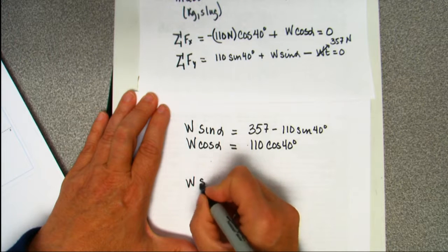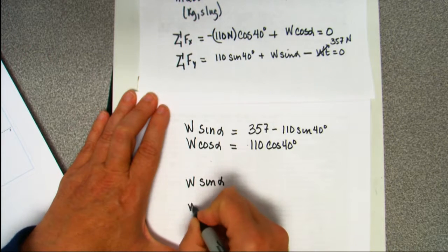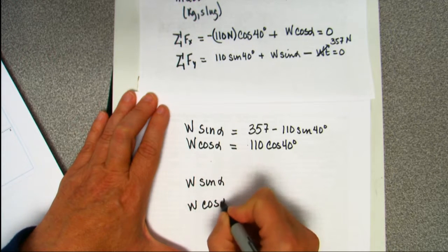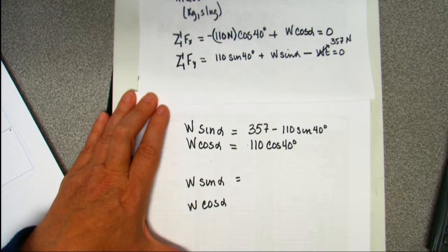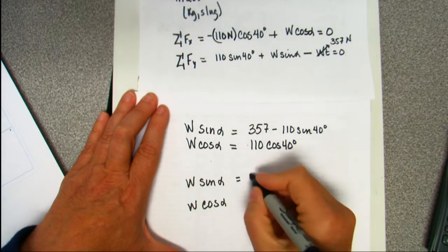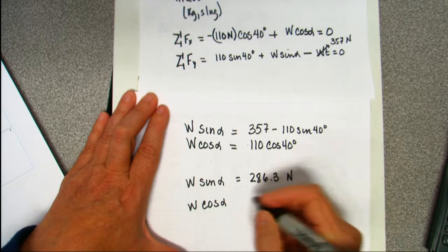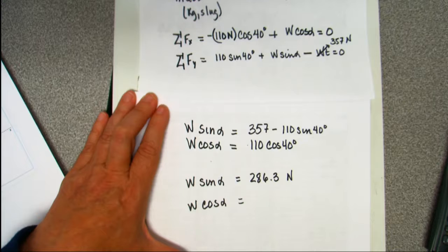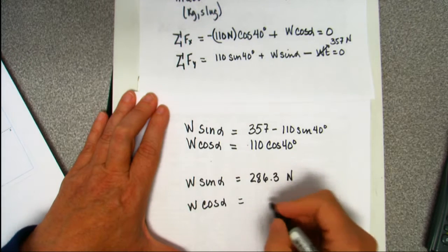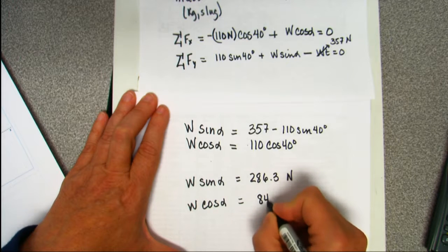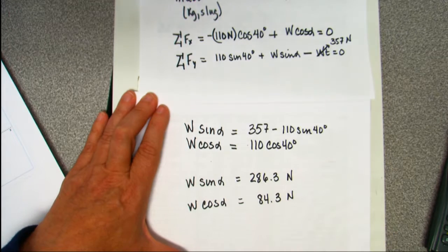So I got weight sine alpha, weight cosine alpha. This gives me 286.3, and that's in newtons. This gives me 84.3 in newtons.